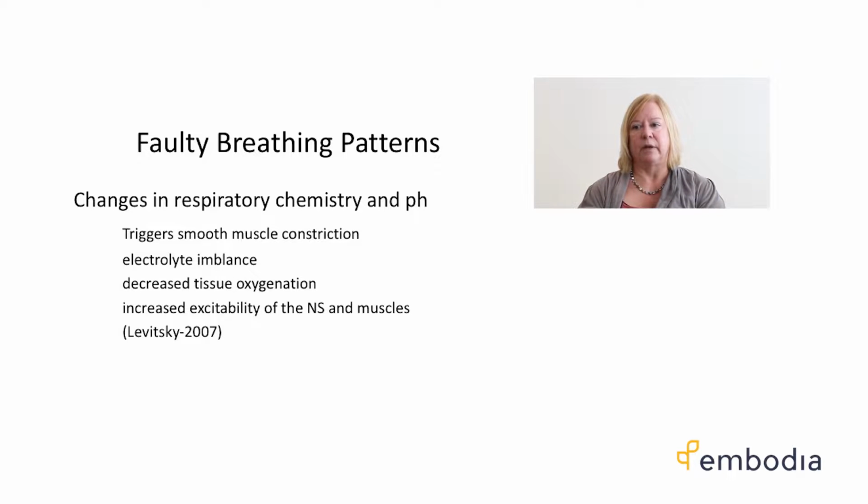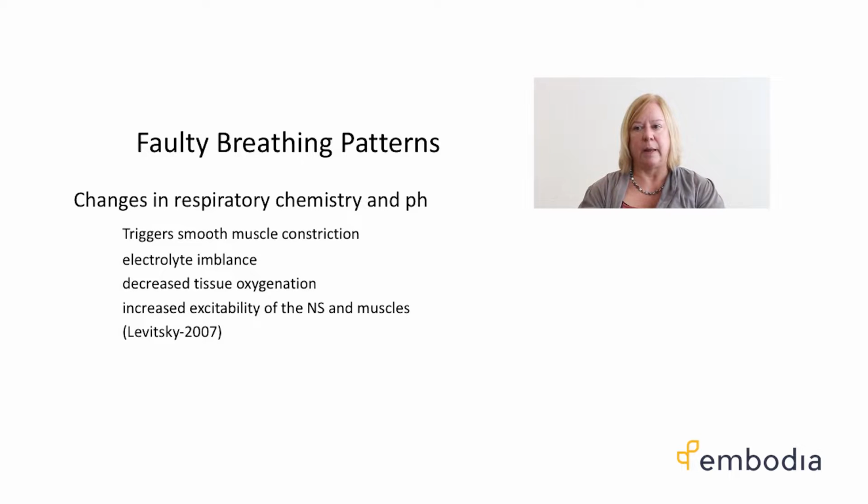And remember, the small intestine and the GI system like to work much more in an alkaline state. So when we're in an acidic state, that chemistry tells them to shut down. It's not a good time for them to be working; we need to have this other chemistry so that we can escape. So this is going to trigger smooth muscle constriction. That makes sense. We don't want the GI on when we're trying to survive.